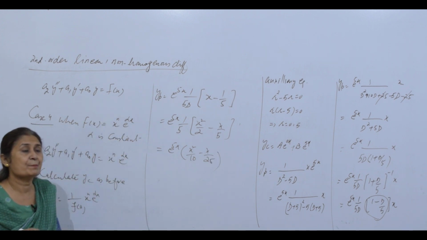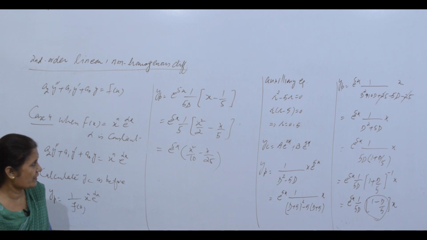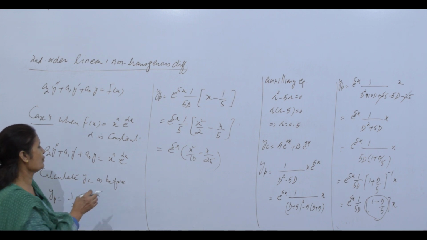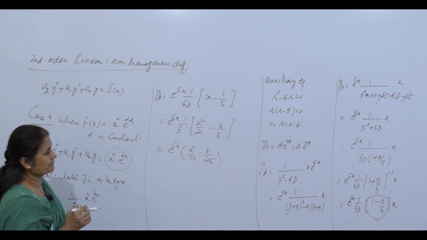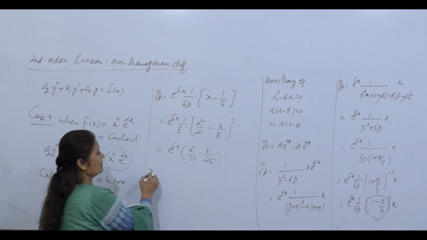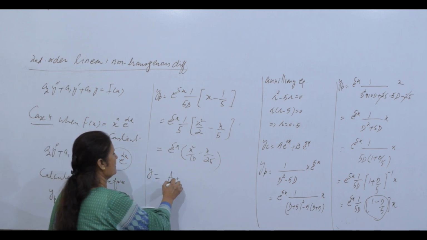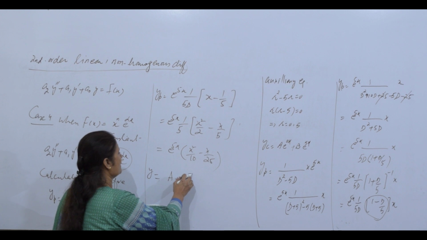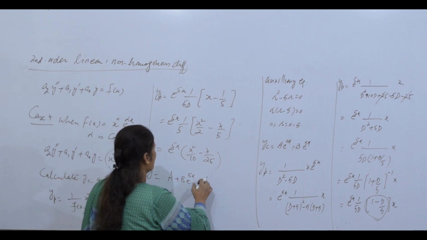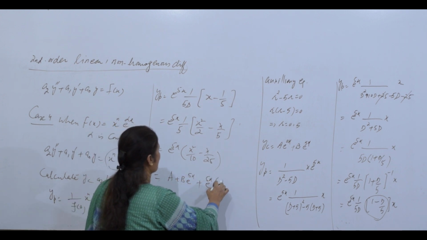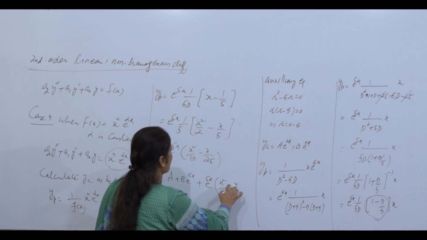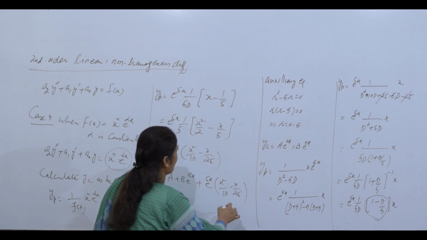This is your yp, if the right hand side is a product of two continuous functions. So the general solution will be yc, a plus b e^(5x), plus e^(5x) times x squared by 10 minus x by 25.